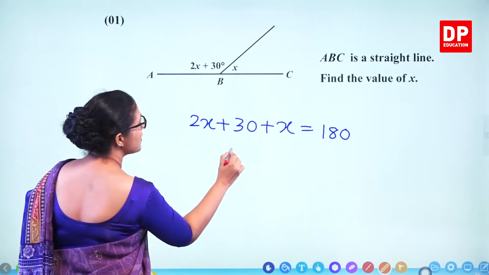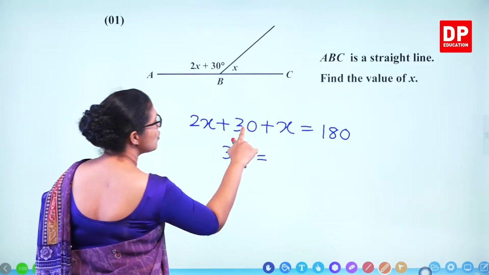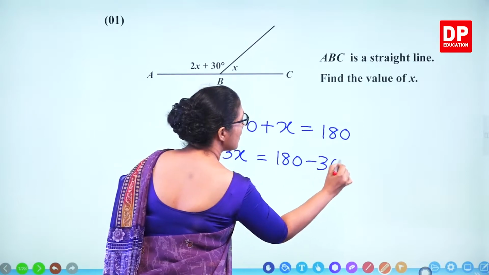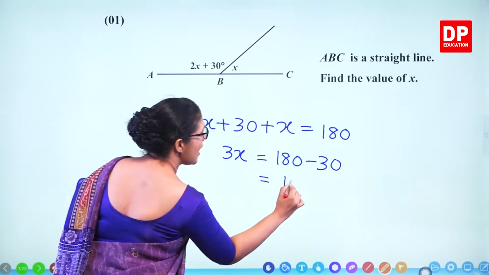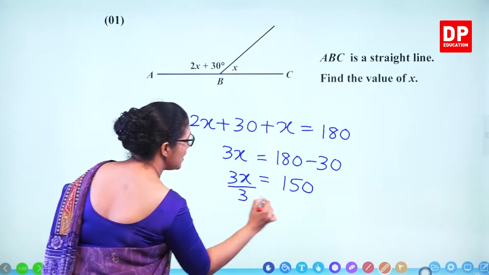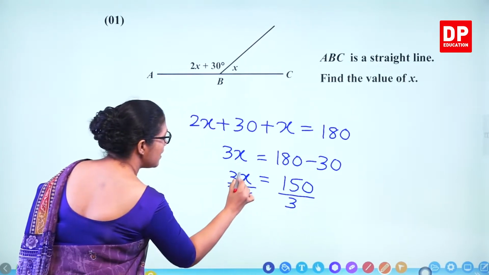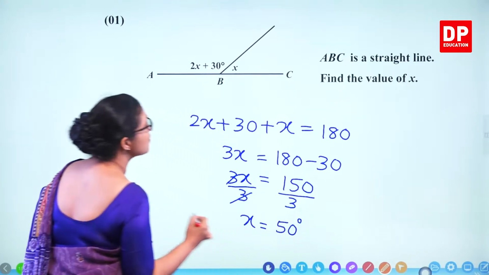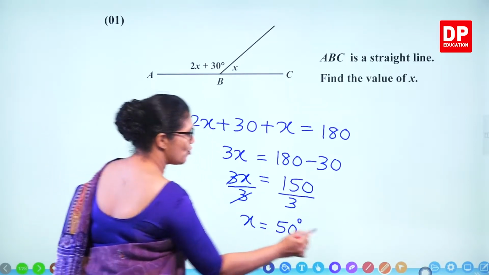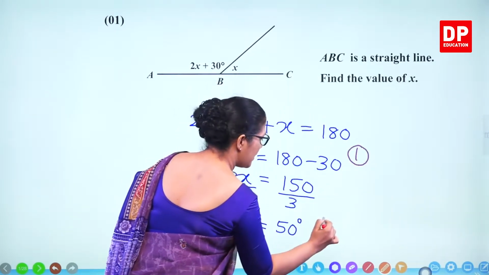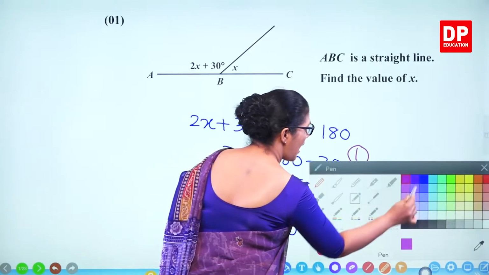So 2x and x becomes 3x, equal to 180 minus 30. 30 when you take it to the other side, 150. So 3x is 150, divide by 3, you get x equals 50 degrees. So you get 2 marks, 1 mark for the method and 1 mark for the accuracy.